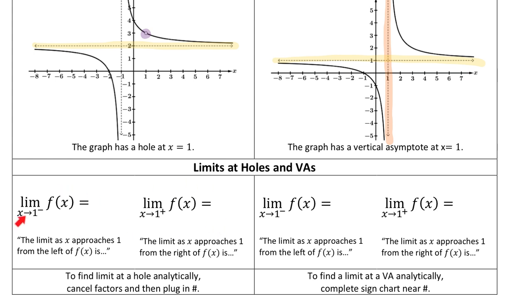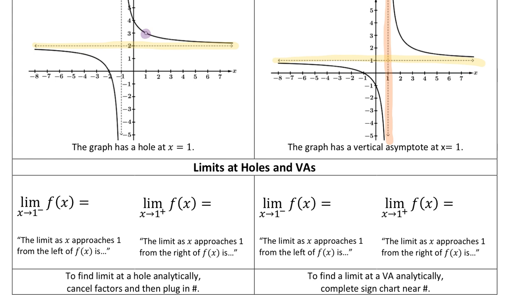Notice that now instead of having our limit approach negative or positive infinity, what number am I approaching both times? 1. But what is the little extra stuff you see there? Like a little floaty negative and a little floaty positive. That's adding the phrasing from the left or from the right. Left side of your graph is where all the negative numbers are. Right side of your graph is where all the positive numbers are.